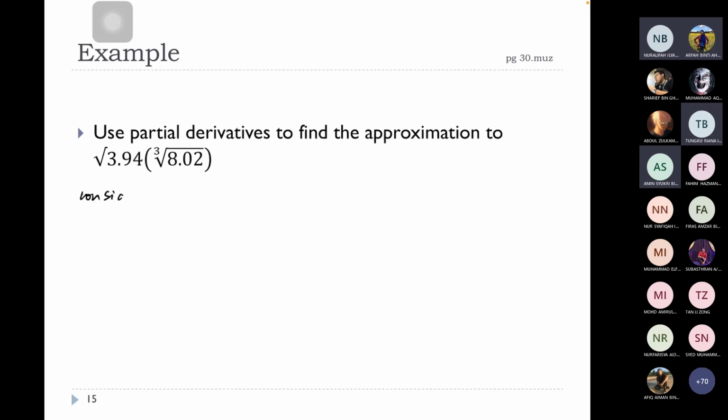changes, okay, from 4, 8 to 3.94 dan juga 8.02. Okay. Dan saya consider set 4 darab punca kuasa 3 8.02.